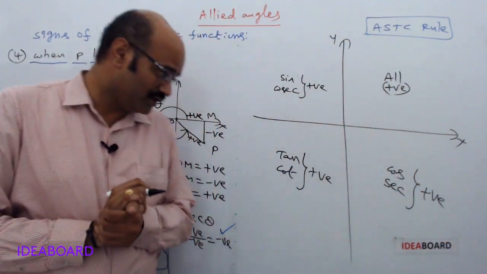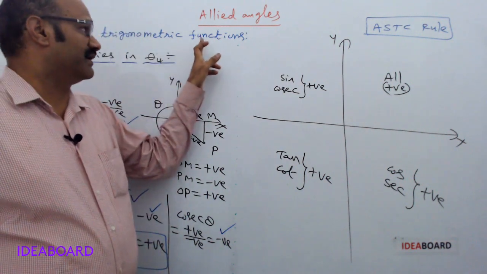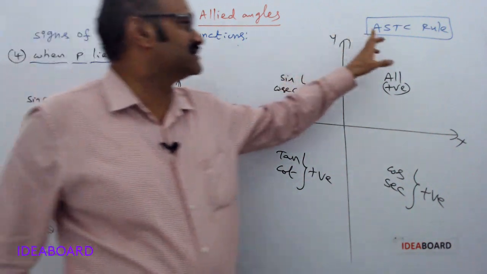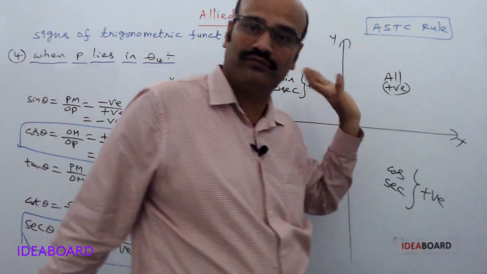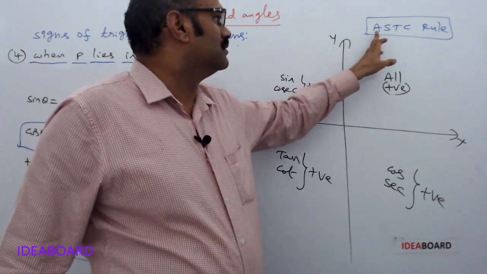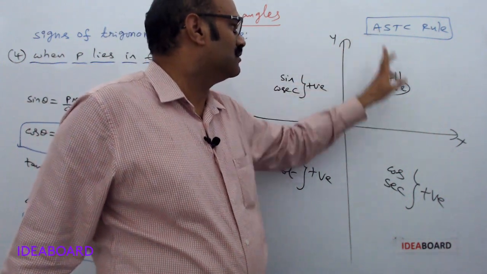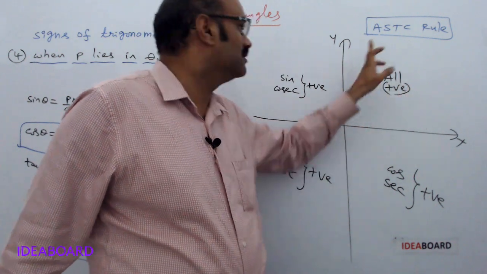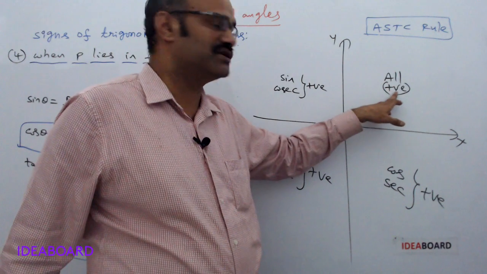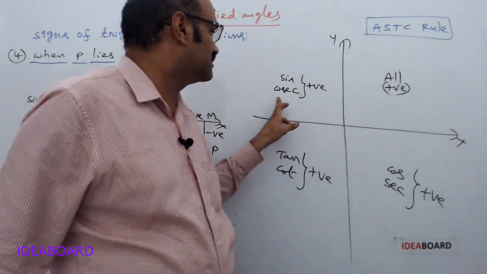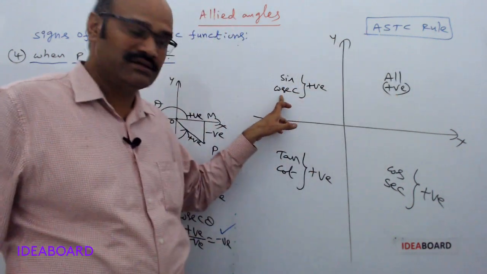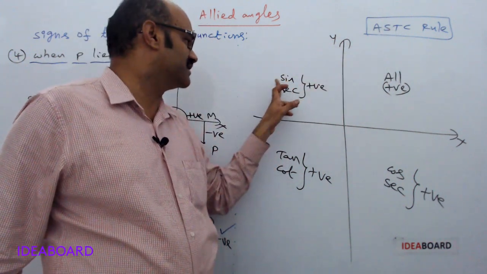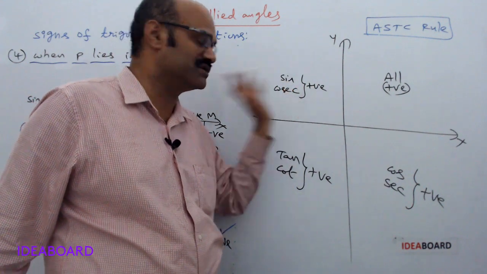So we remember the signs of the trigonometric functions which we have derived by the ASTC rule. A means all trigonometric functions are positive in the first quadrant. Next, in the second quadrant, S for sine, and the reciprocal of sine, cosecant, are positive.